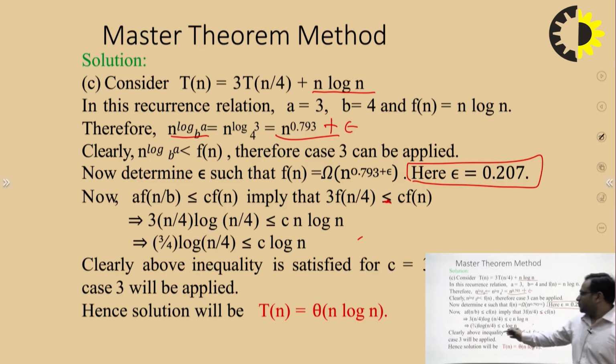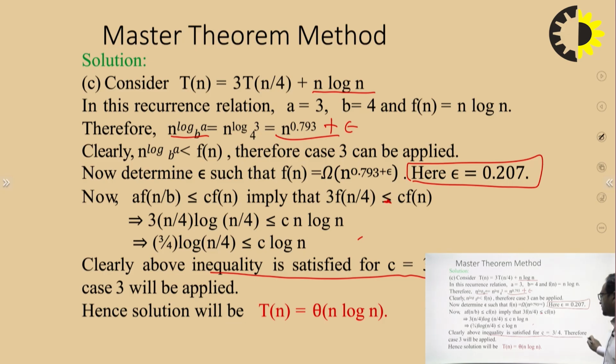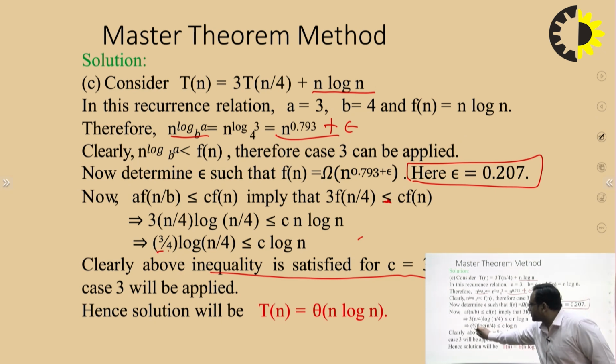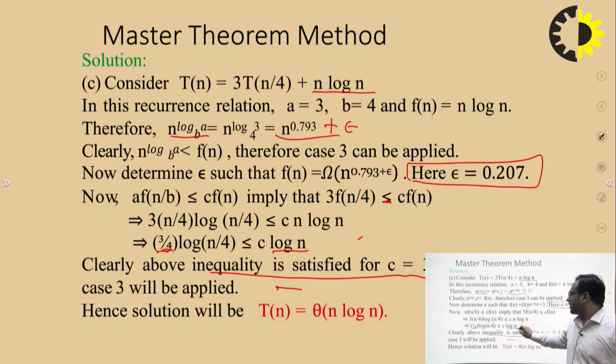The above inequality is satisfied for c equal to 3/4. If I put the value of c as 3/4, it holds. Understood my point? So with 3/4, log(n/4), it is less than or equal, so the condition is satisfied.